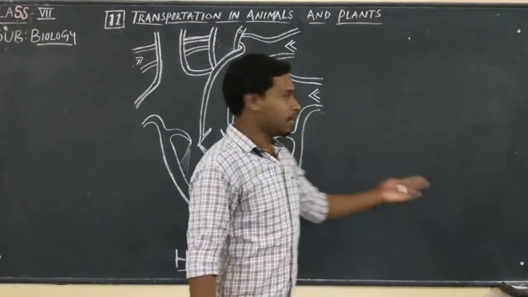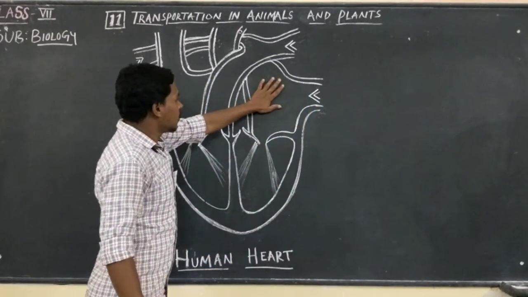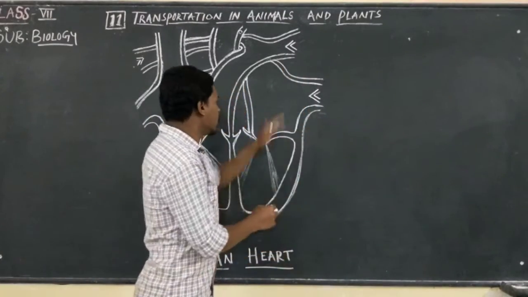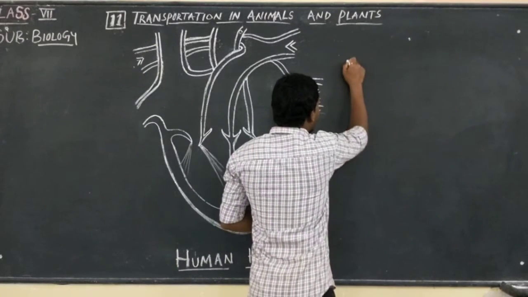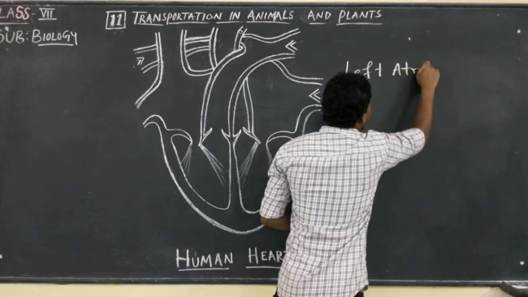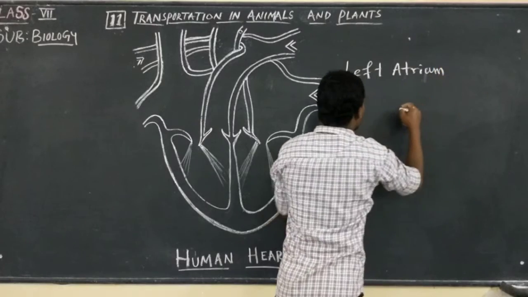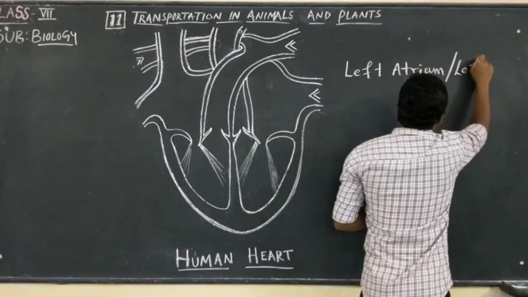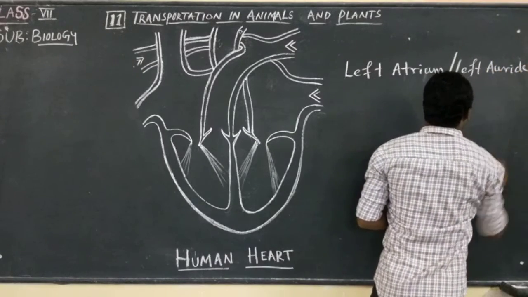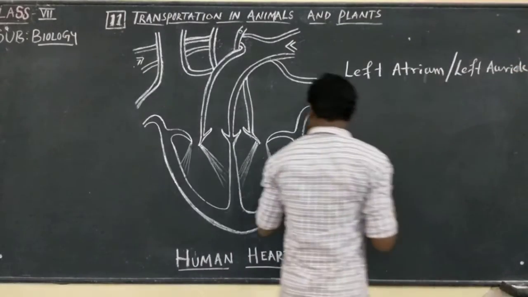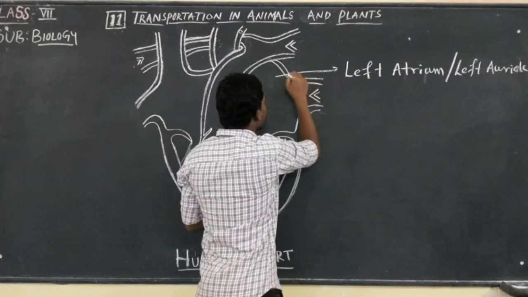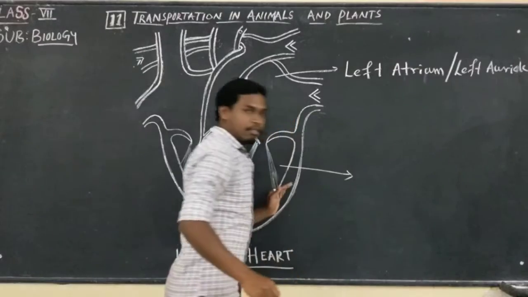So let us label it. Here you can see this one is the left auricle or left atrium, and this is going to be the left ventricle.